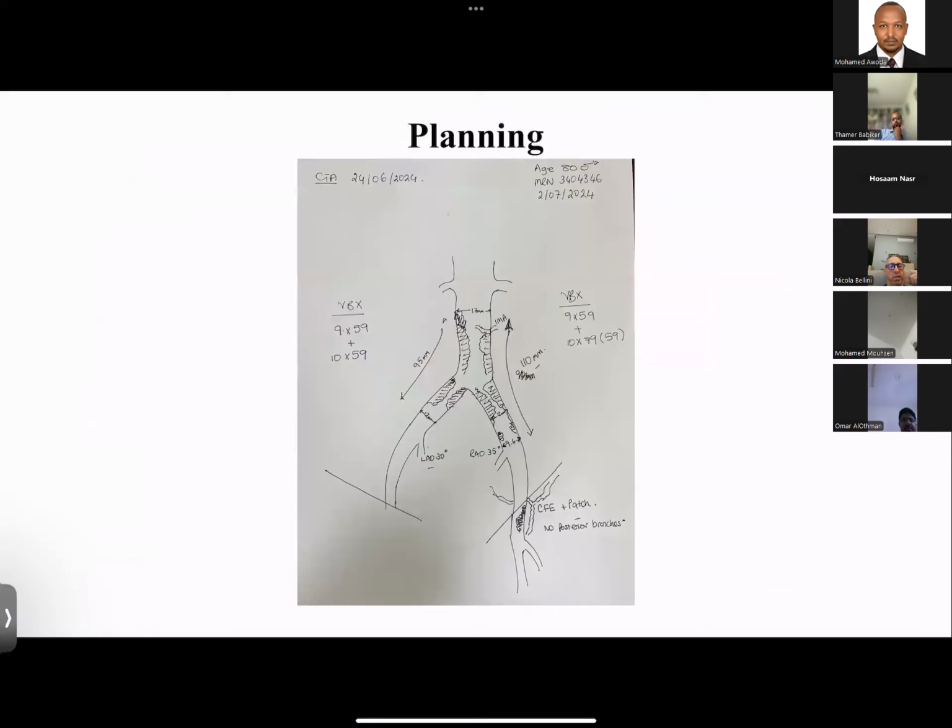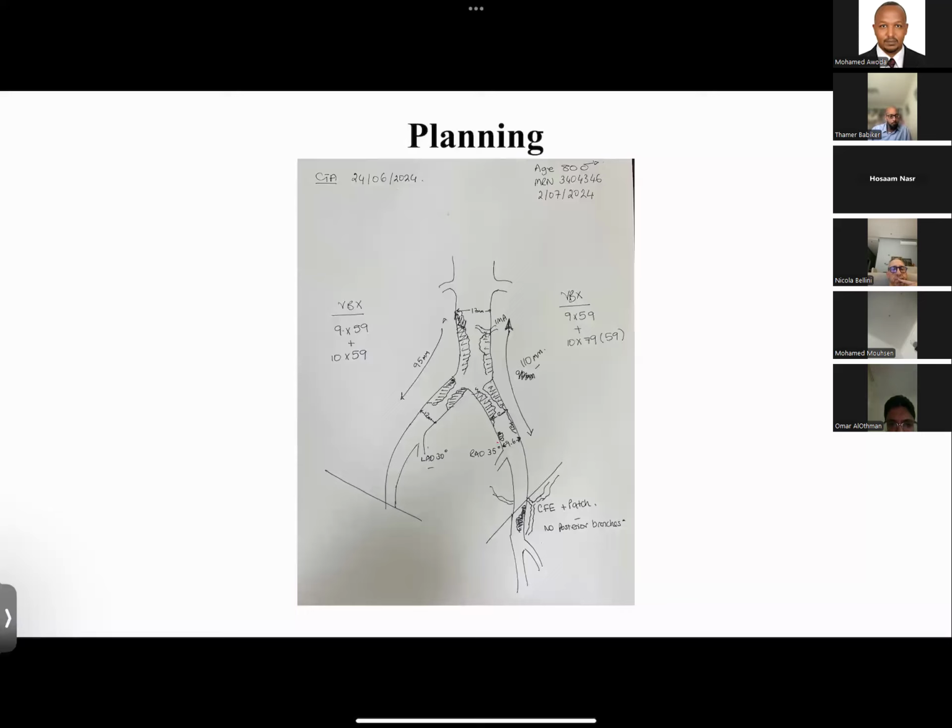And I say to people, be extremely, extremely obsessive about planning. I plan my aortoiliac disease like I plan my EVARs. I sit down, you can use whichever software you want to use. I personally use TeraRecon, but you need 3D reconstruction software, and I plan it exactly as I would plan EVAR. I measure the distances of the occlusion, I measure the angulation, particularly if I'm planning to preserve the internal iliac artery, for example.